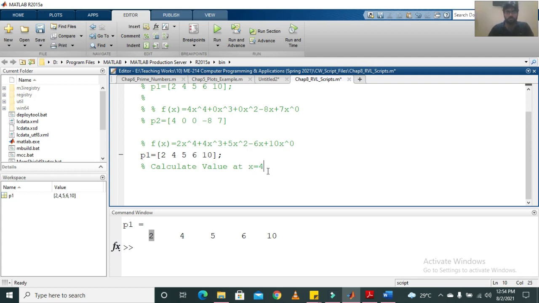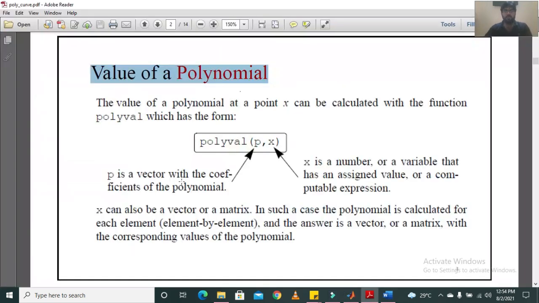So what I am going to do is use the command polyval. This is a MATLAB built-in function, therefore it will be in lowercase, and there should be a parenthesis, and inside the parenthesis there will be input arguments. There are 2 input arguments in the polyval function.